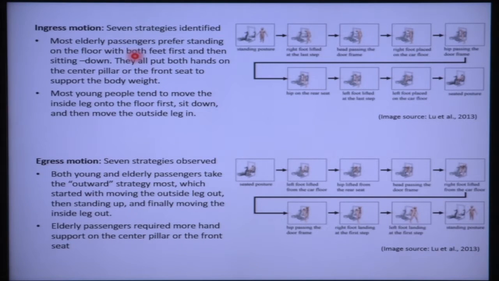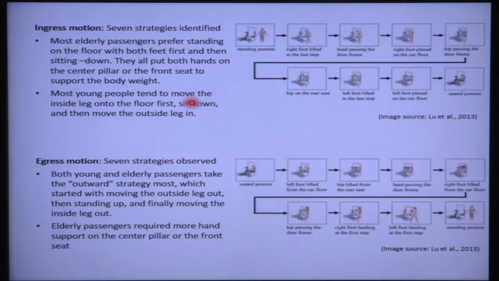So, most elderly people, what is their strategy? They first stand, then sit on the seat and then hold the center pillar, either the B pillar or otherwise the front seat, and they gradually take the legs in.